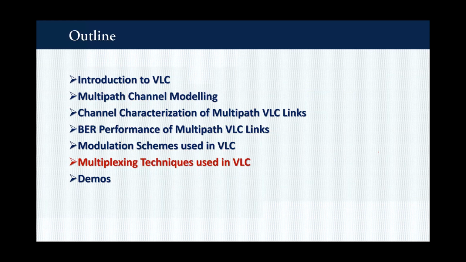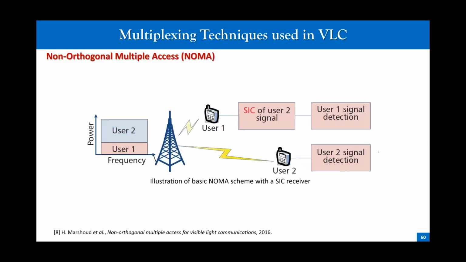Now the last topic for this talk is using multiplexing techniques. NOMA is a very popular multiplexing technique even for radio frequencies, and we have been using NOMA, non-orthogonal multiple access, for visible light communication as well. One advantage of NOMA is that it gets a higher channel capacity compared to other multiplexing techniques, and that is why we have stuck to NOMA.